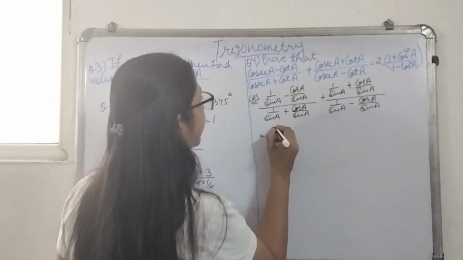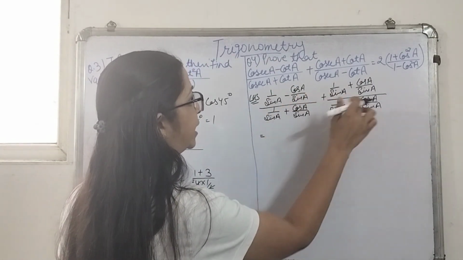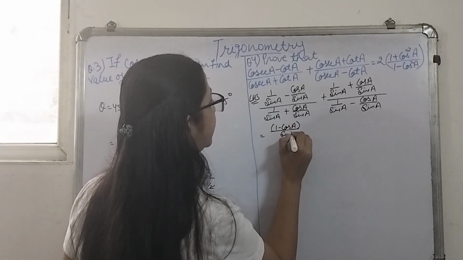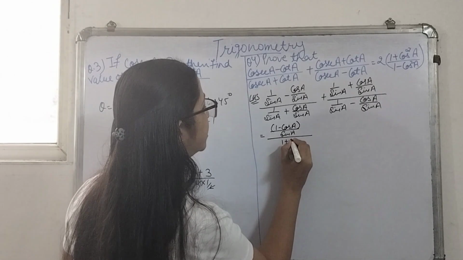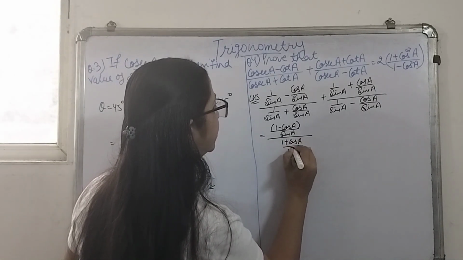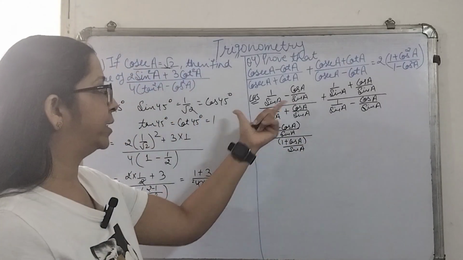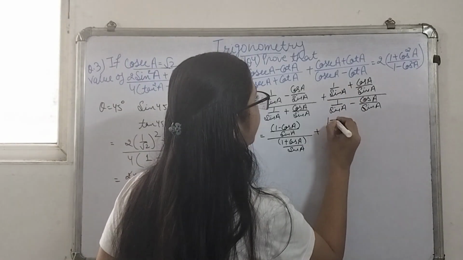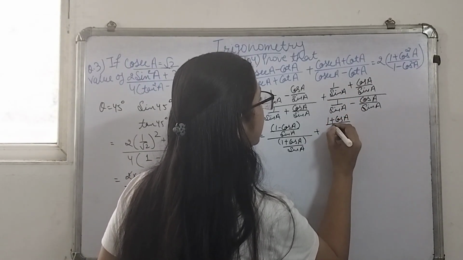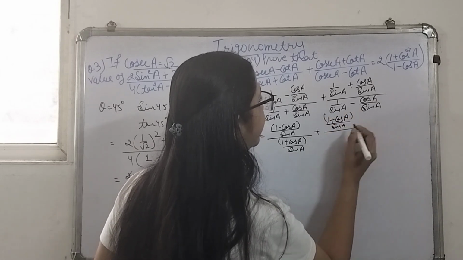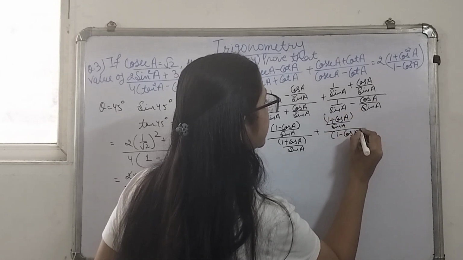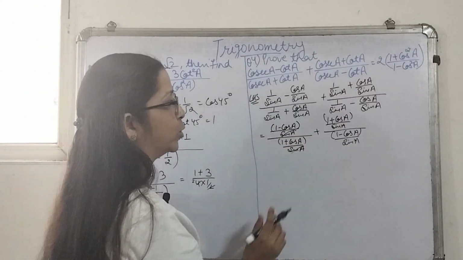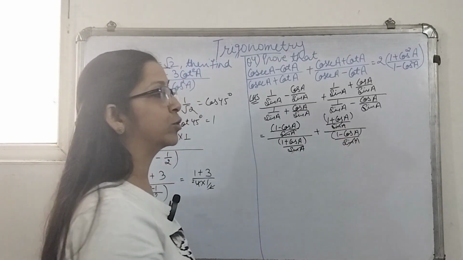In the numerator, because denominators are the same, sin A everywhere, it will be 1 minus cos A upon sin A divided by 1 plus cos A upon sin A. Then here too denominators are the same, so it will be 1 plus cos A over sin A divided by 1 minus cos A over sin A. If we divide, this sin A and sin A cancel, and this sin A and sin A cancel.